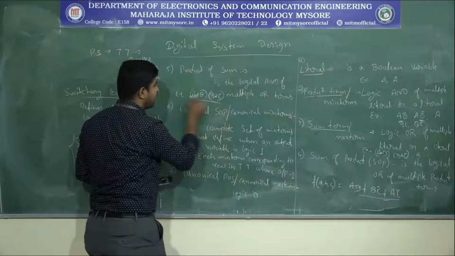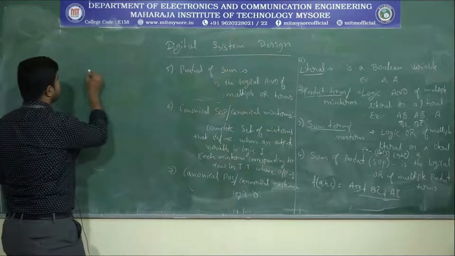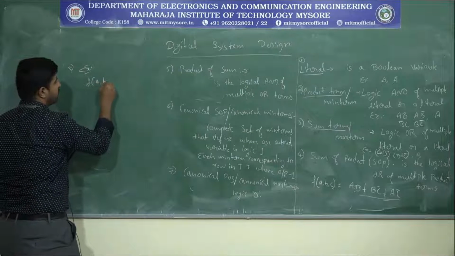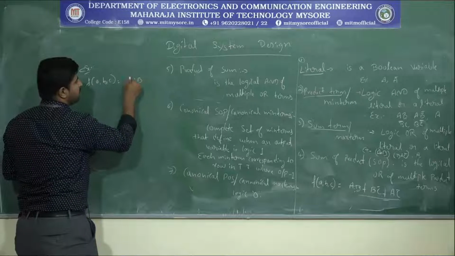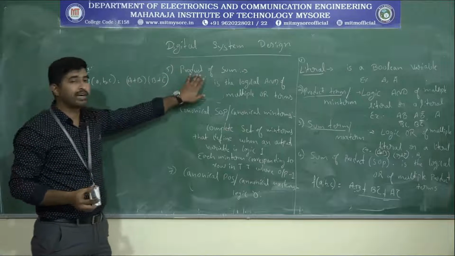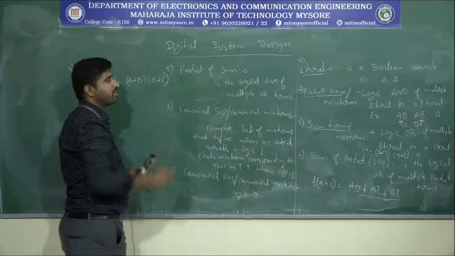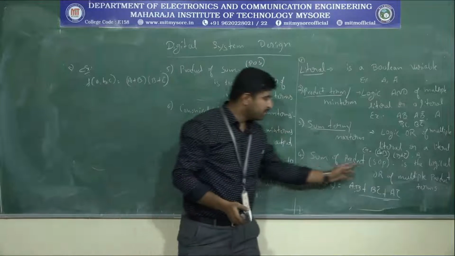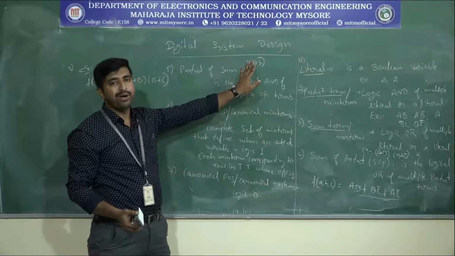This expression can be written as a product of sum. For example, F of A comma B comma C equals A plus B, B plus C bar. So this is the product of sum terms. Usually this is named POS, just as we call sum of product SOP.